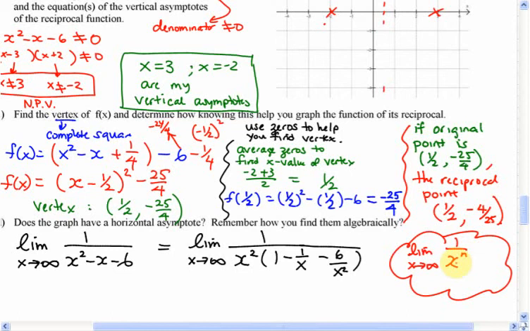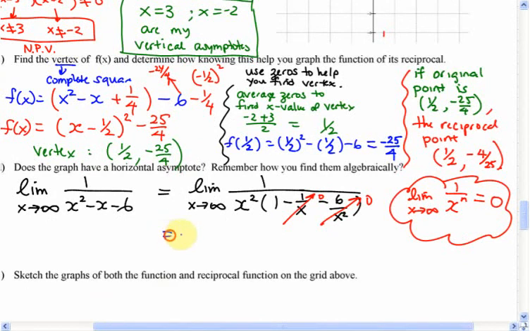It's like having a really big number taken to some power, really big squared, really big cubed, really big to the power 4. What happens to it when I go 1 over? Really small, like 0. So what I'm showing you here is that this becomes 0. This becomes 0. So what you have left over is the limit as x approaches infinity of 1 over x squared times, and I guess it's just 1.